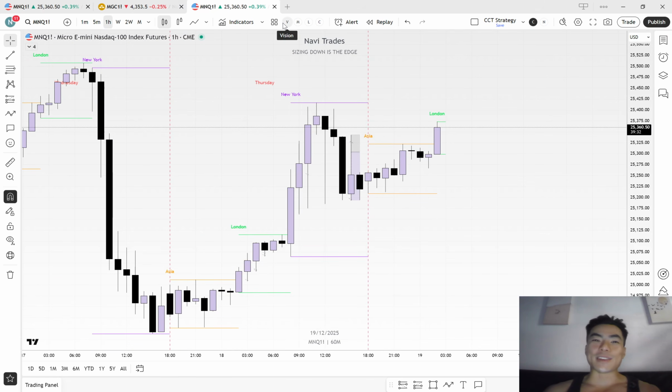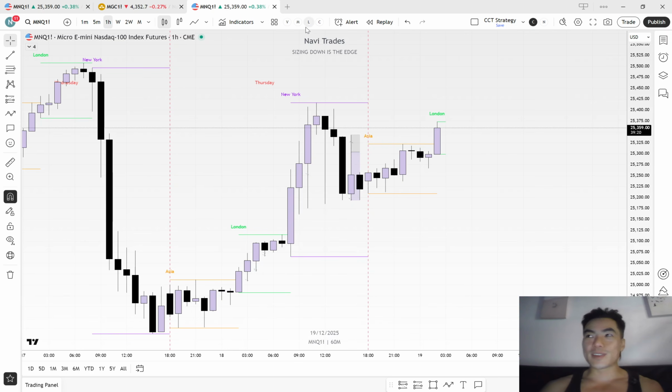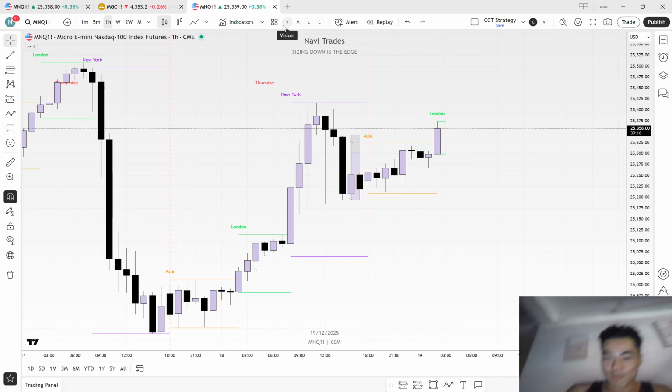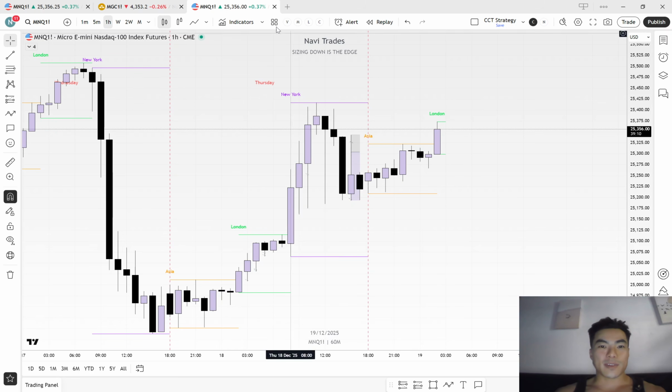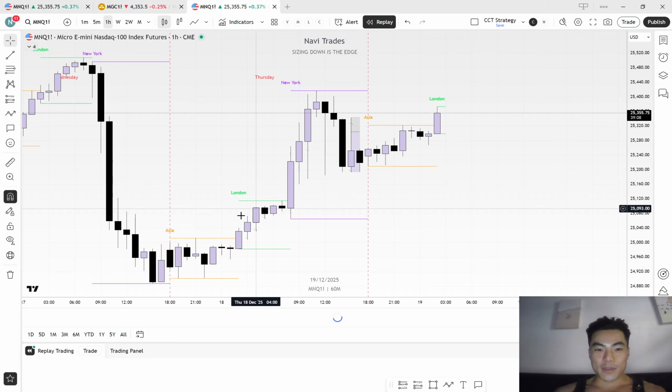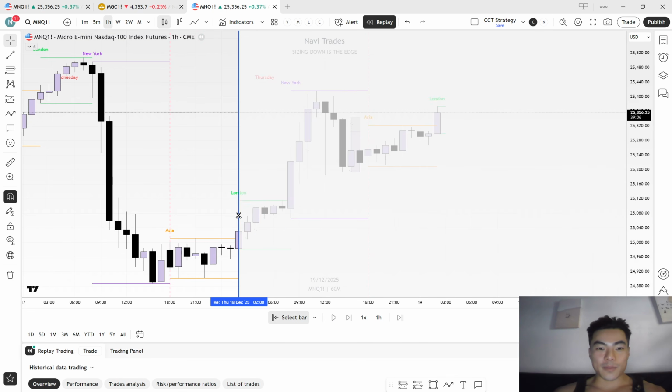So I'm just doing London and New York because these periods have the most volume, the most volatility, and the highest percentage to get a successful trade. Asia just doesn't have much volatility or volume. Plus, with my current situation, I can trade both London and New York, so it makes sense for me to test these. So we'll go back to the start of London yesterday.